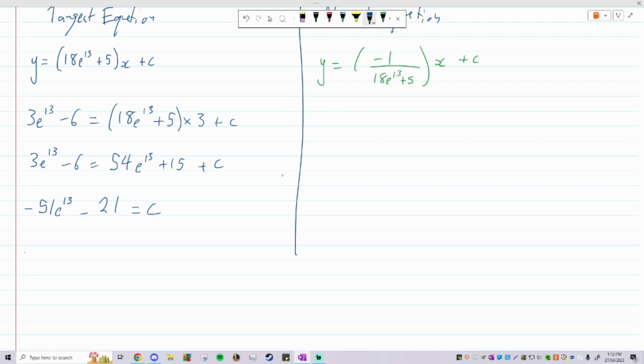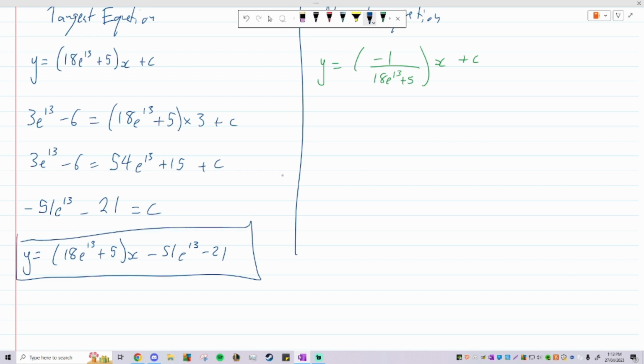Okay, so writing this out neatly, quote unquote, 18 e to the 13 plus 5, x, minus 51 e to the 13 take 21. So this is quite an ugly equation, right? But the point I wanted to get at is this can be done with every single type of derivative.